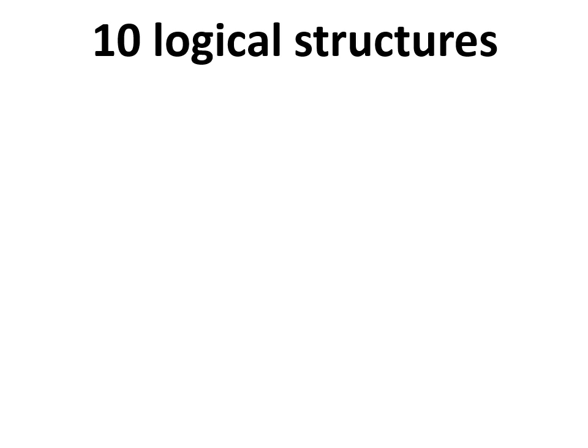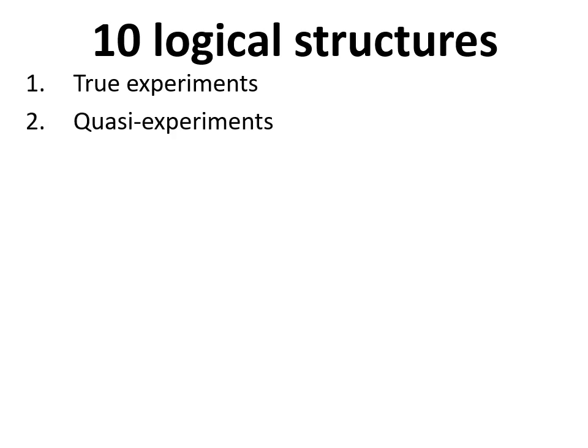At this point, we can review the 10 logical structures. First are true experiments. For that, you might think of medical research, or the kind of research you would hope would be used to determine whether, say, a COVID-19 vaccine works or not. Second are quasi-experiments.